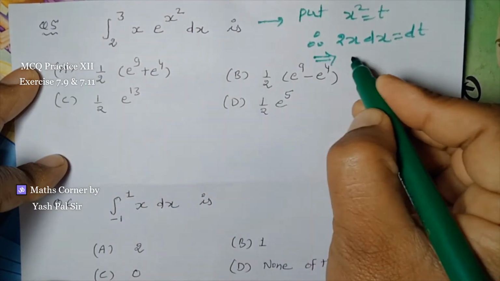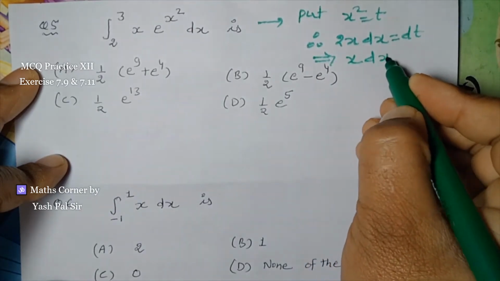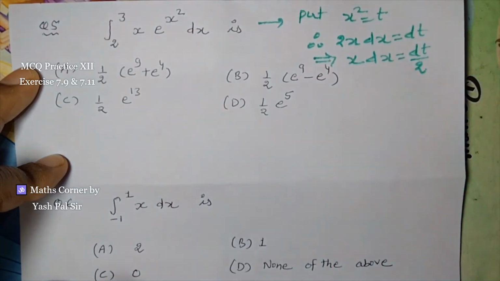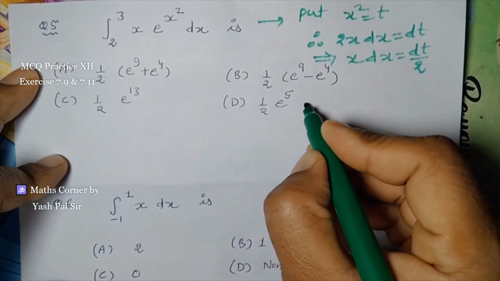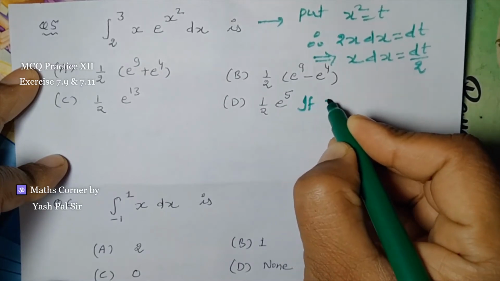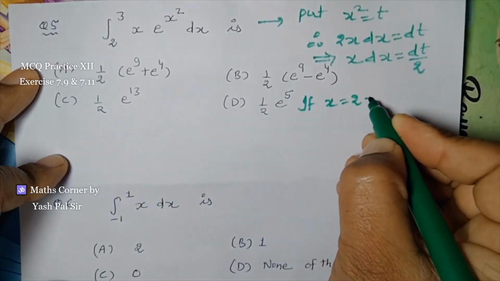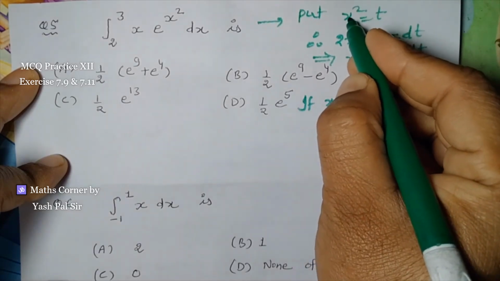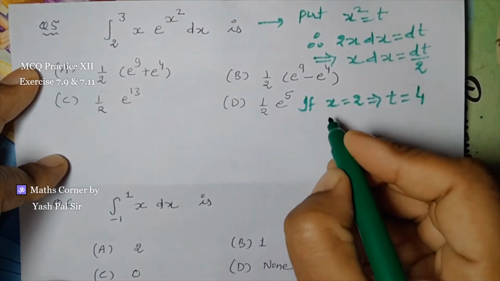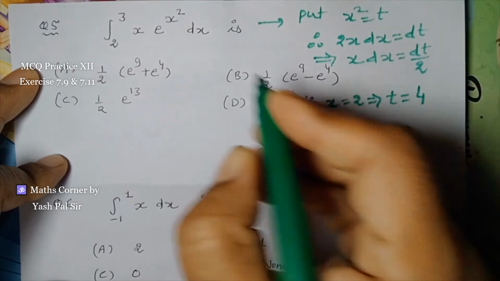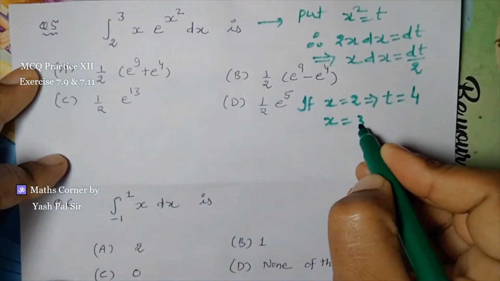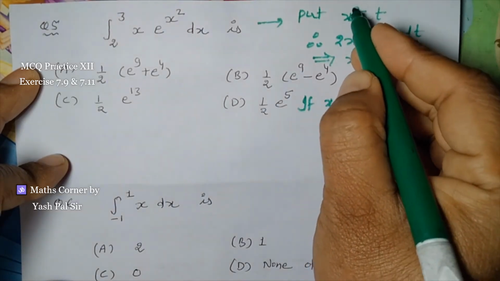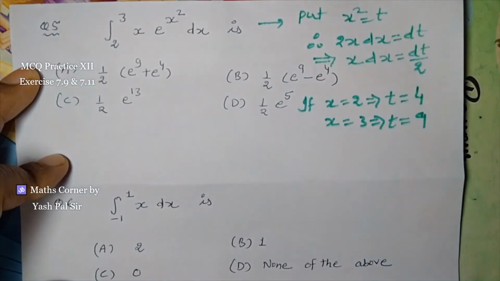That is, we can say x into dx is equal to dt upon 2. Moreover, if x is equal to 2, it means t is equal to 2 square, 4, and x is equal to 3, it means t is equal to 3 square, 9.